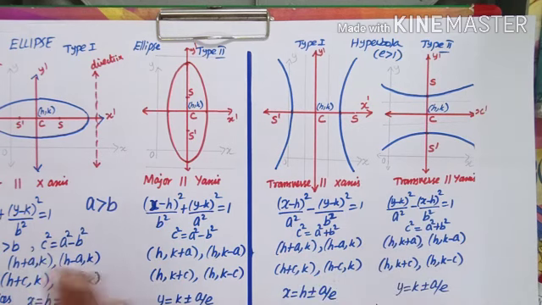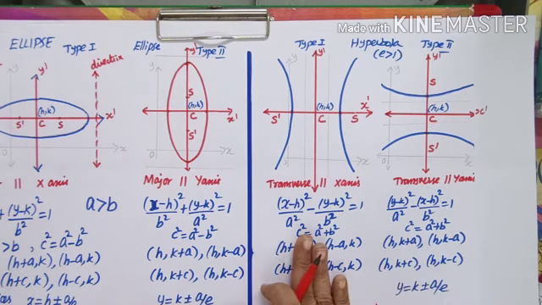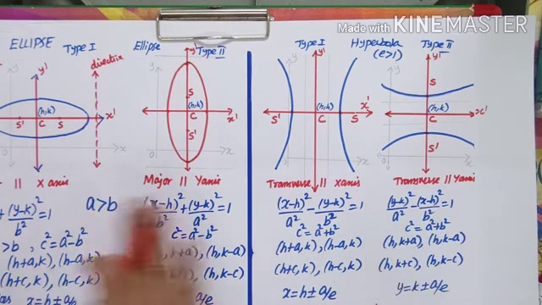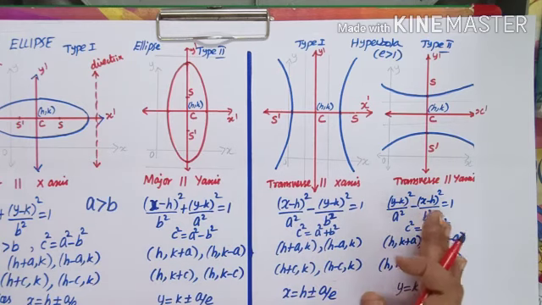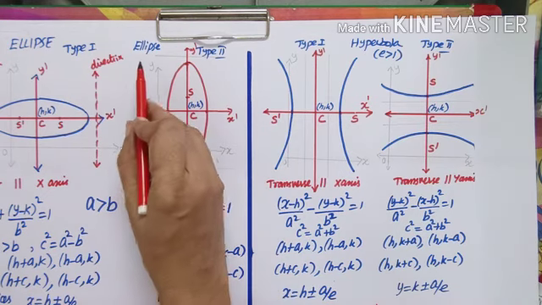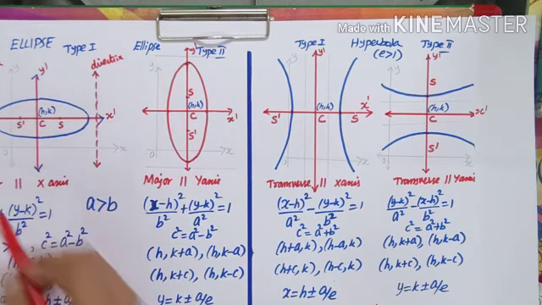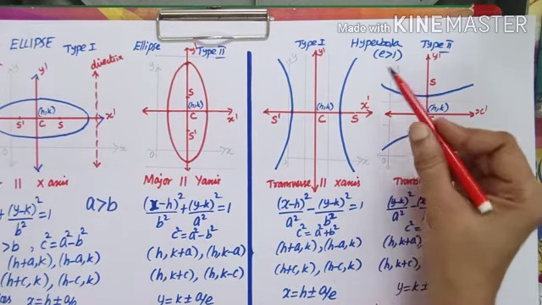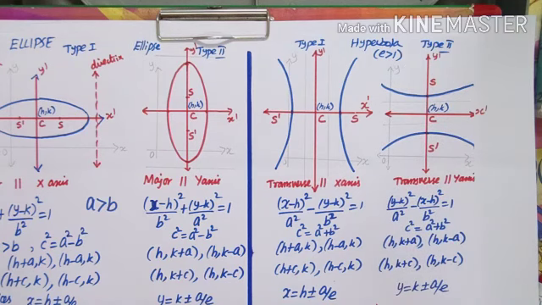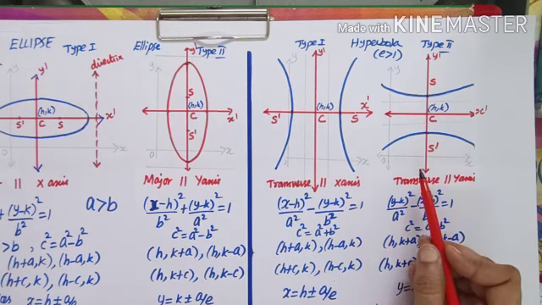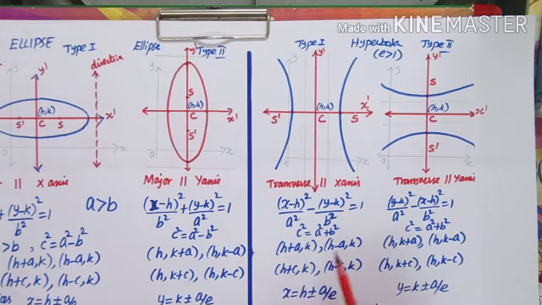So the same formula will repeat in type 1 and type 2. Ellipse and hyperbola almost same. The only condition that differs, in ellipse we say e less than 1. In hyperbola we say e greater than 1. And in ellipse c is equal to root of a square minus b square, whereas in hyperbola c square is equal to a square plus b square.